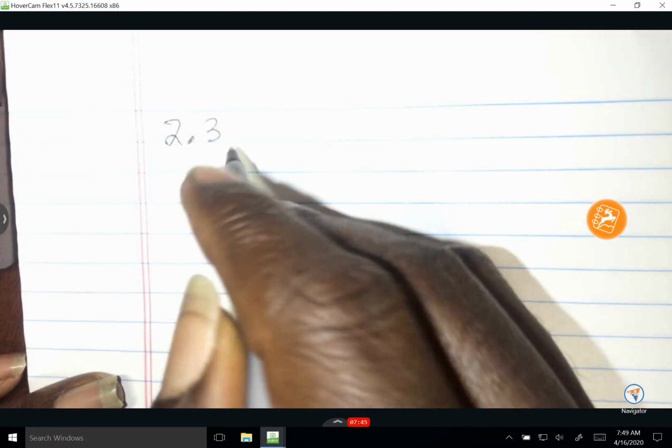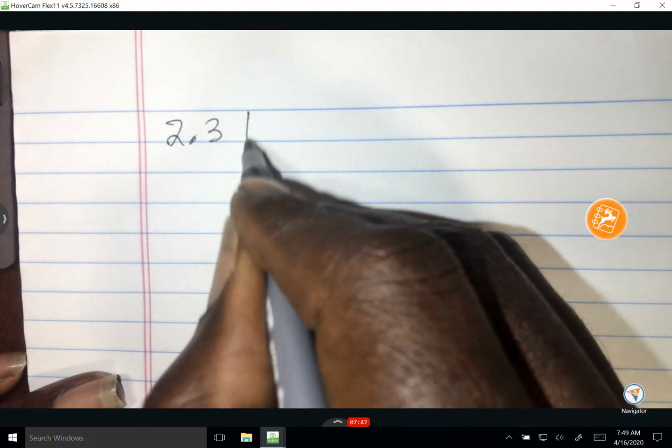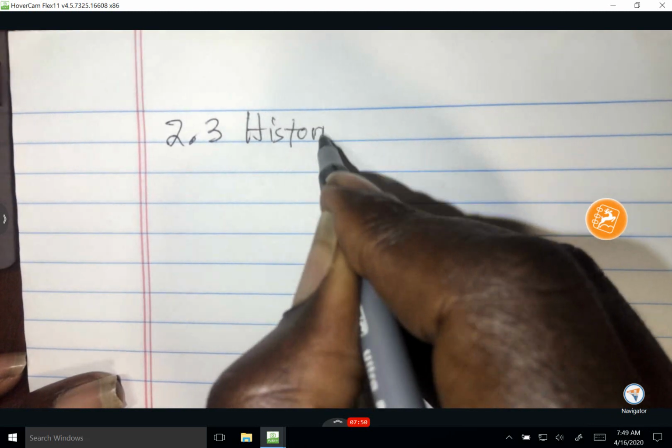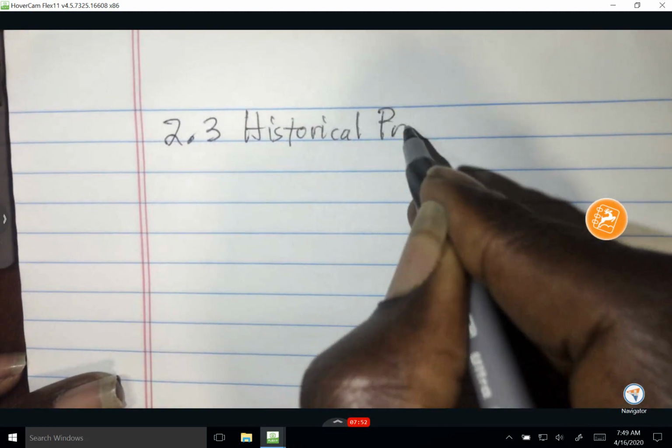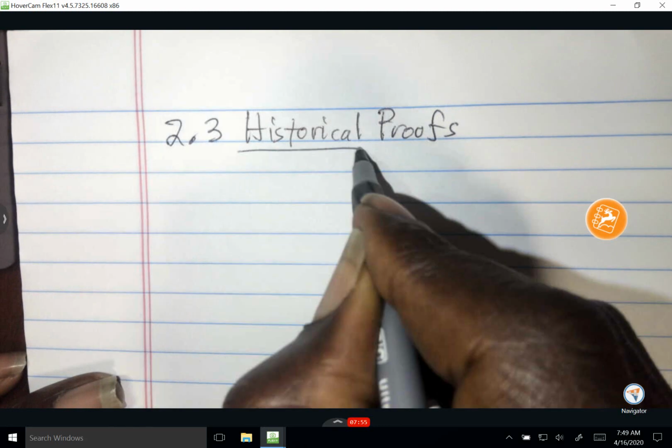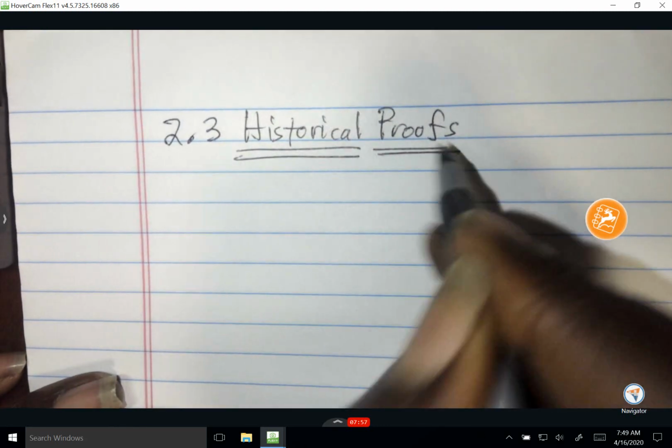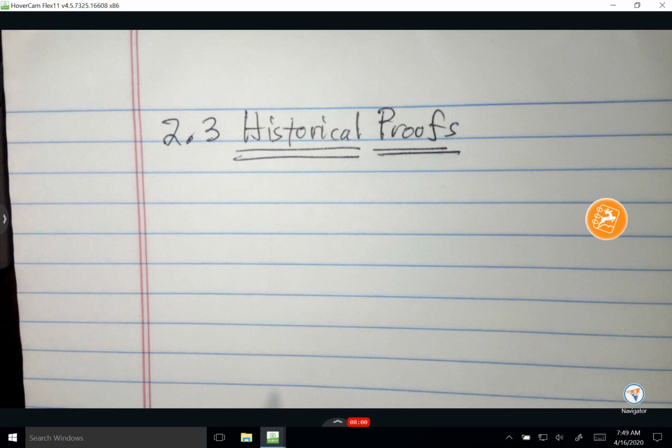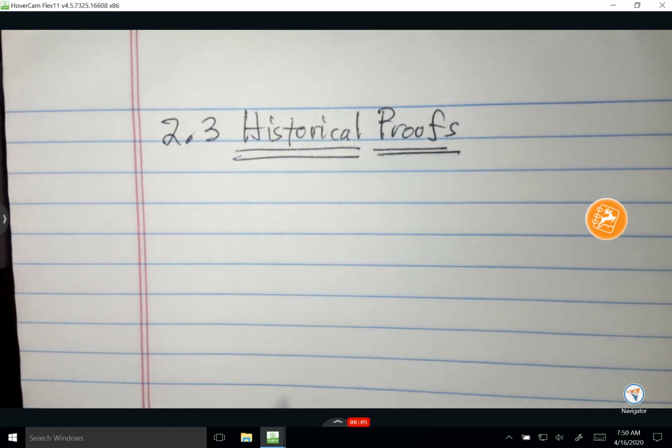Okay, so the next section is 2.3, and he entitles it Historical Proofs. Okay, so first we want to know what this number is that we're steadily computing, called the determinant.